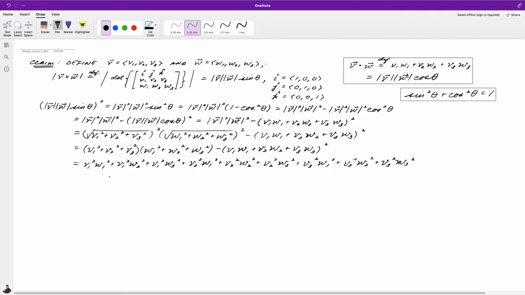Then we're going to be subtracting off this trinomial multiplied by itself, and that's going to give us the following.